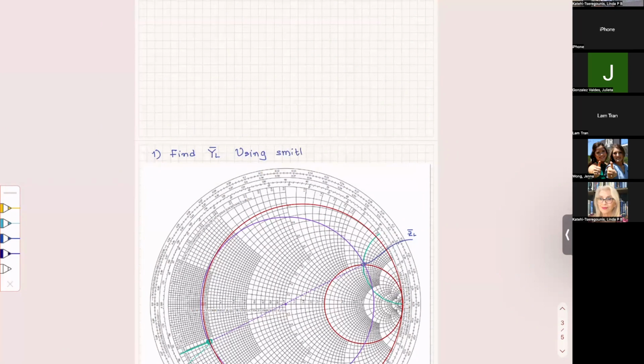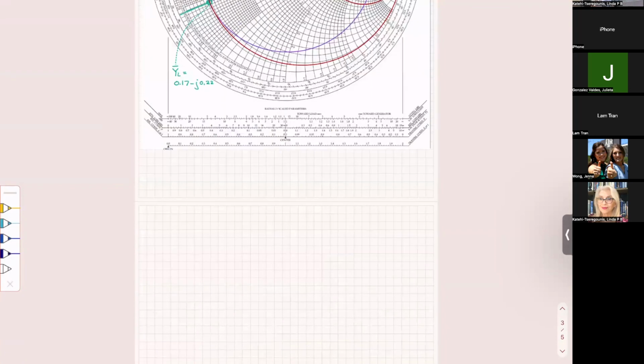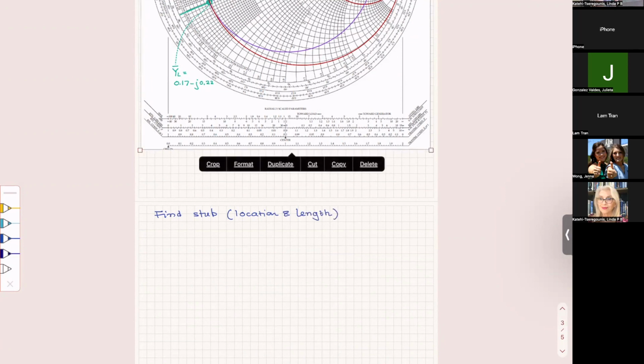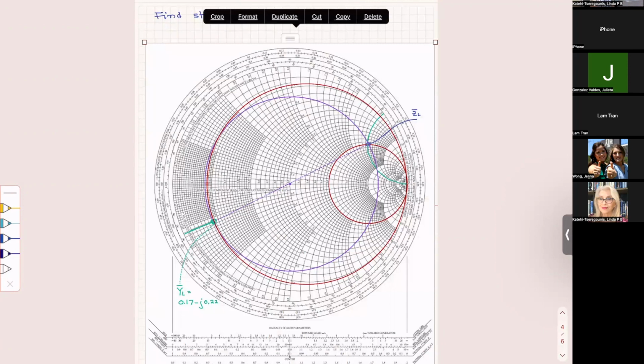Now that we have the normalized admittance, I will try to find the matching network. So find stub location and length. Okay, now I'm gonna get another copy of this. I'm gonna paste it here, but I'm gonna clean it.